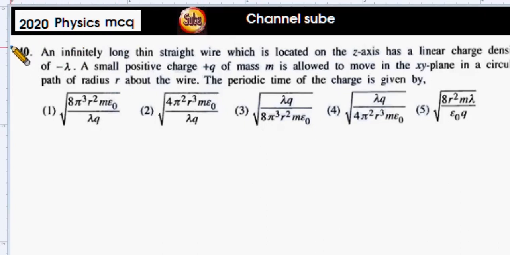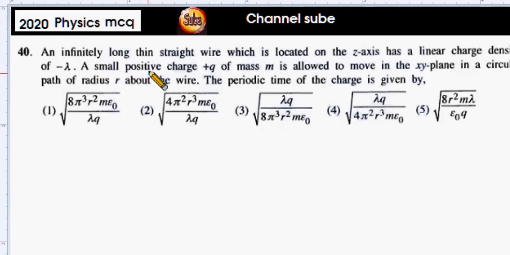Today I am going to discuss question number 40 of the 2020 Physics MCQ paper. An infinitely long thin straight wire, located on the z-axis, has a linear charge density of minus lambda.